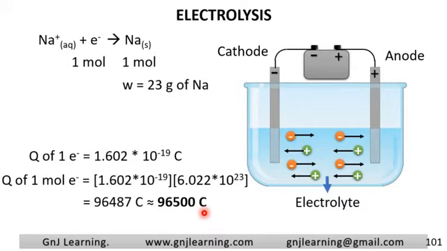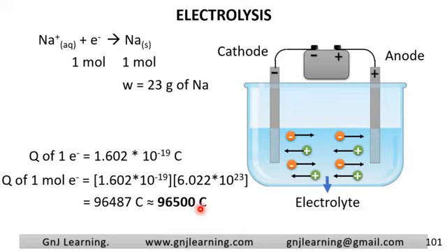So the charge of 1 mole of electrons is 96,500 coulombs. Here the charge of 1 electron and the charge of 1 mole of electrons are important, and you must learn these values by heart. That is, the charge of 1 electron is 1.602 into 10 raised to minus 19 coulomb, and the charge of 1 mole of electrons is 96,500 coulombs.